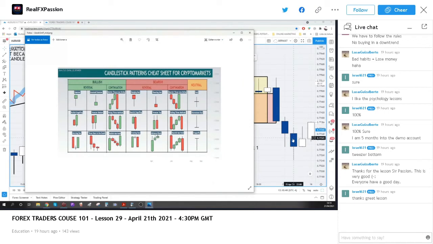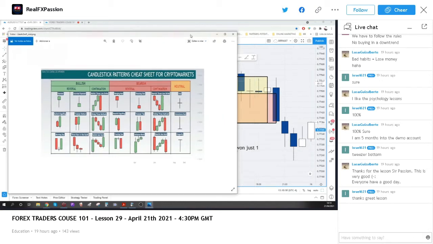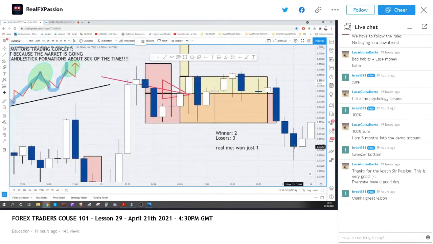Is this or is this not a bullish candlestick formation? 1, 2, 3. I'm going to put the wicks in here. This is the long wick in here. This is the small wick, big body, bullish candle.